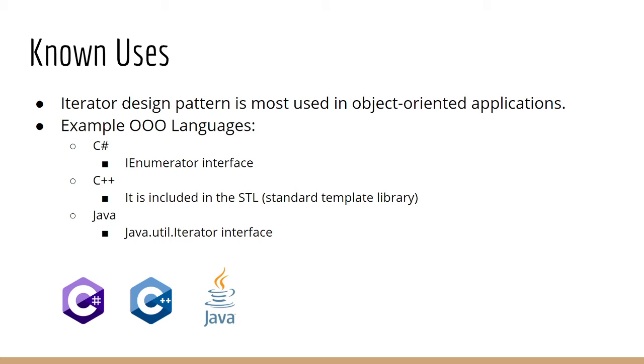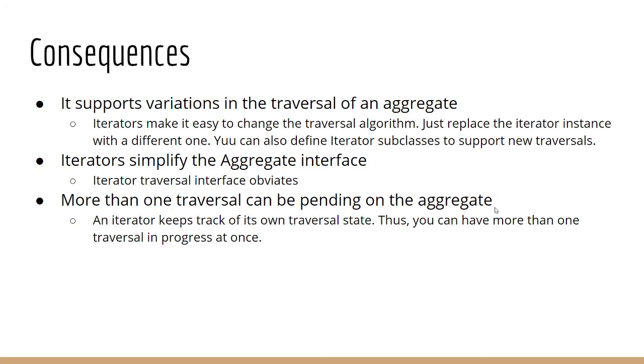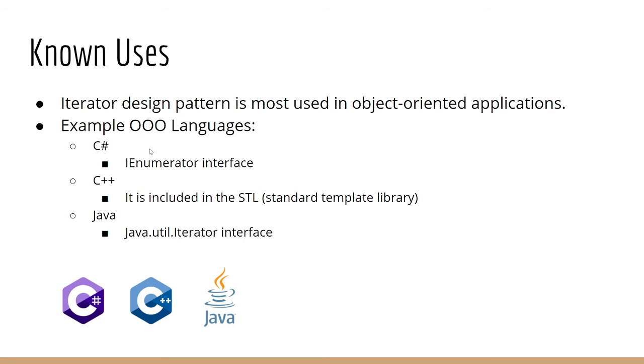So what are some known uses for this iterator design pattern? The iterator design pattern is most used in object-oriented applications. For example, some of the object-oriented languages are defined here, such as C#. In C#, the IEnumerator interface implements the iterator design pattern.